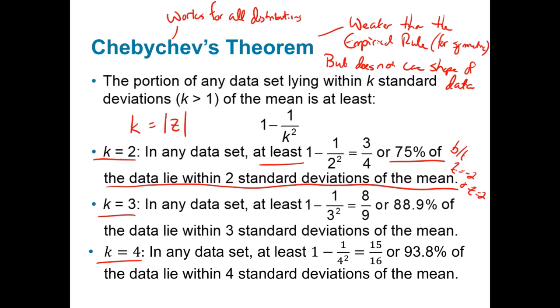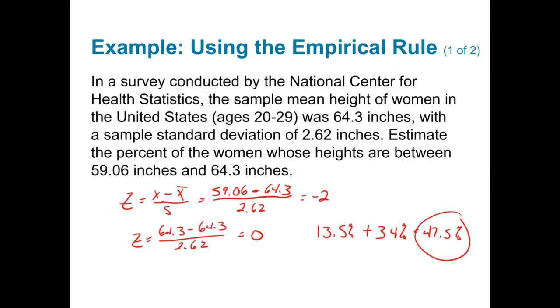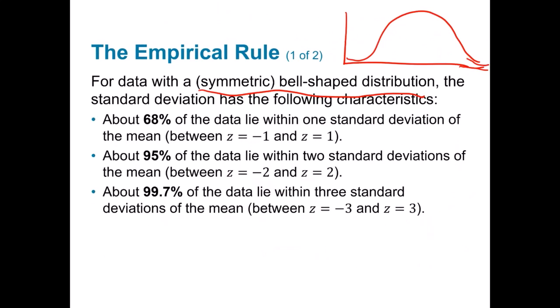So for k equaling 2, in other words, between negative 2 and 2 standard deviations away from the mean, with the empirical rule, we know there is really exactly 95 and some change percent of the data there. So here we get an exact amount, or close enough to an exact amount. It's not going to be off by much if you say about 95%, because it's literally 95 point some stuff.